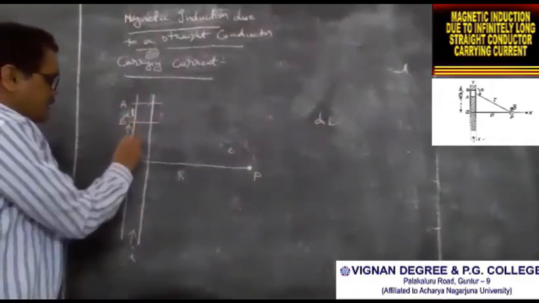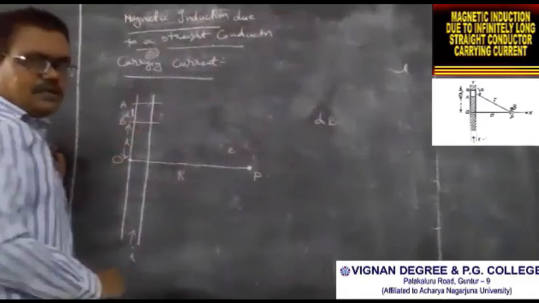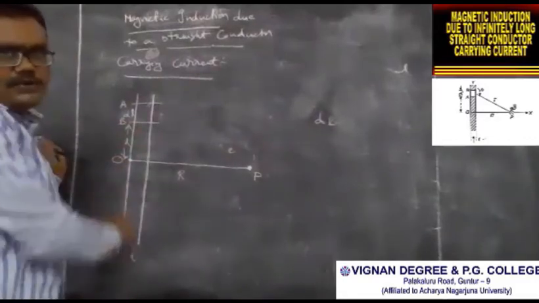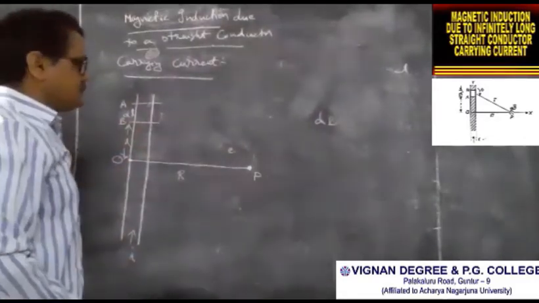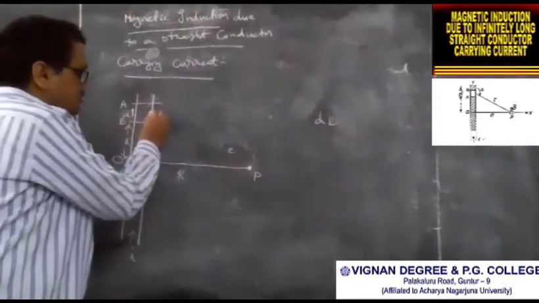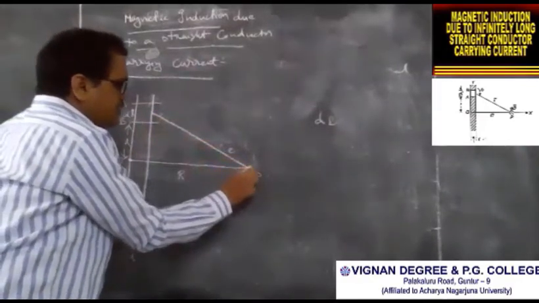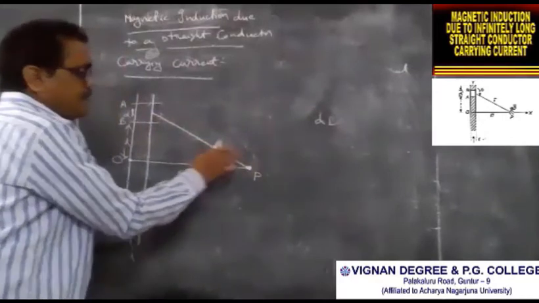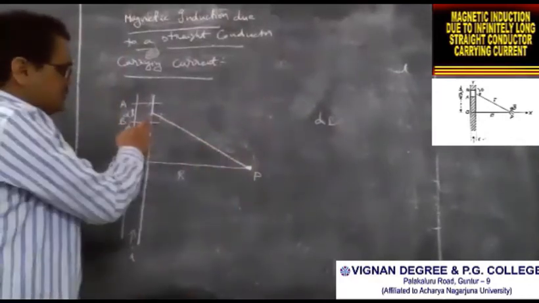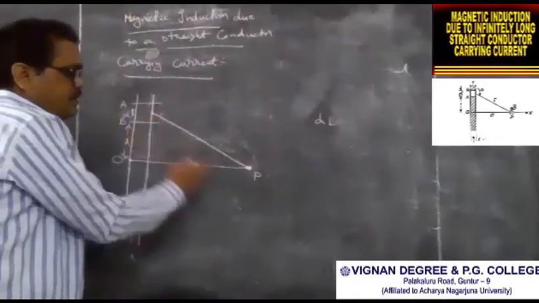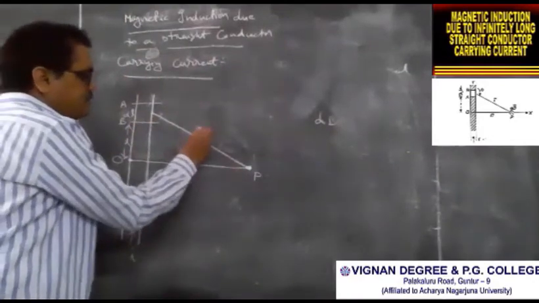Let L be the distance of the element from midpoint O. This is the line joining the element with point P. The distance between the element and the point P is r.